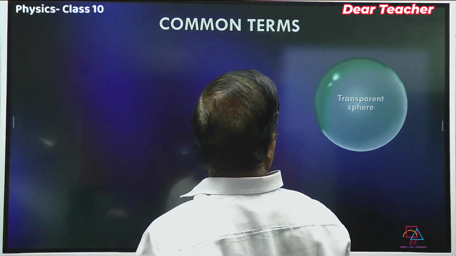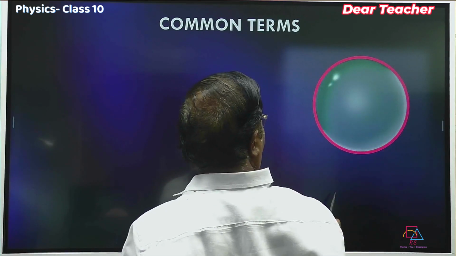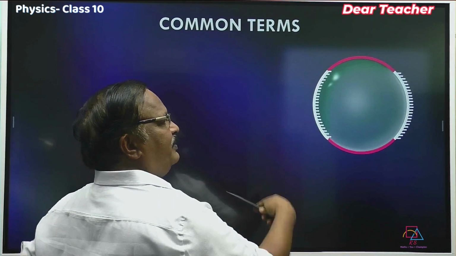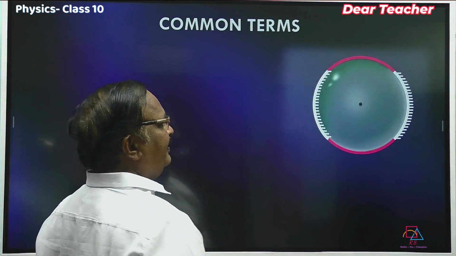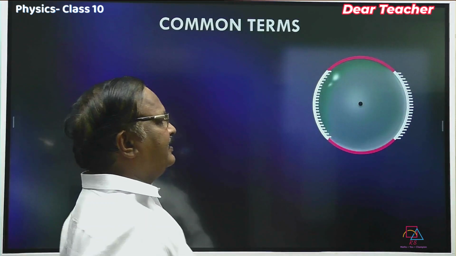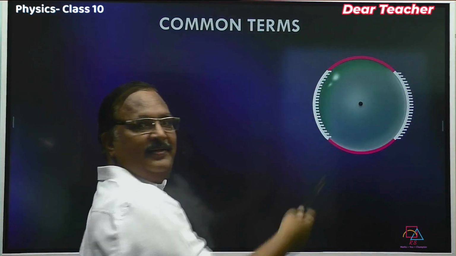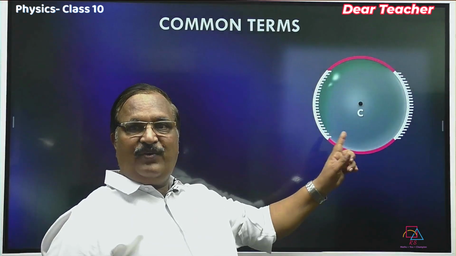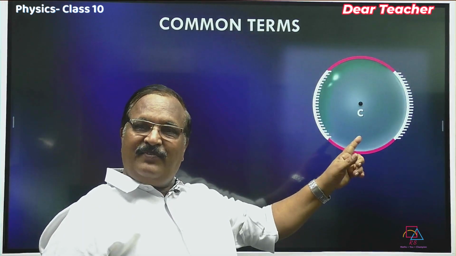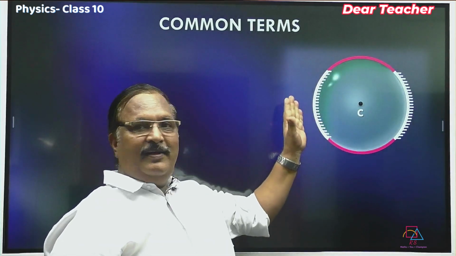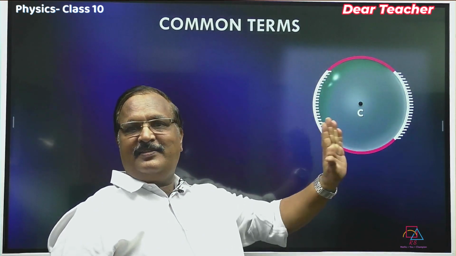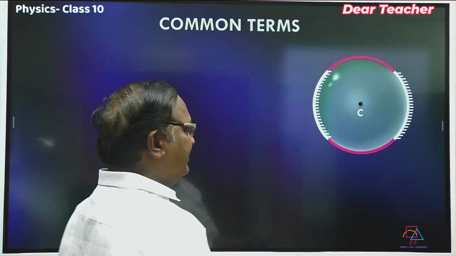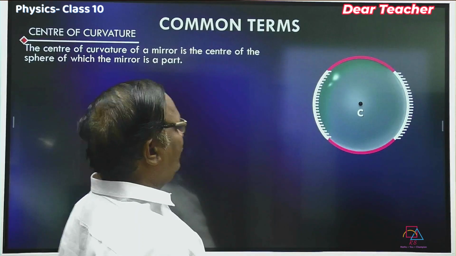Transparent sphere, and two mirrors, convex mirror and concave mirror, and for both the mirrors the center is the center of the sphere, and this center we call it as center of curvature. So center of curvature is the same for concave mirror as well as convex mirror. So the first point is center of curvature.